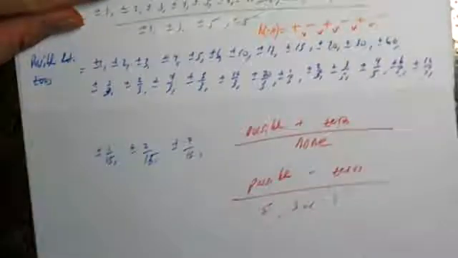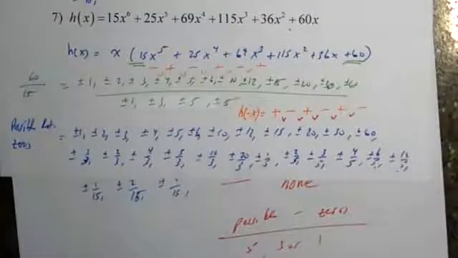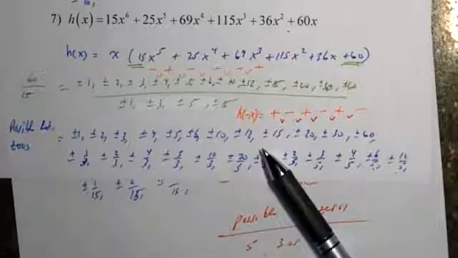Okay. It's going to take a little while to get the hang of this. But like I said in the notes a little while ago, Descartes' rule of signs is not necessary to solve polynomial equations. The rational zero test is necessary, but you can always solve the equations without Descartes' rule of signs.